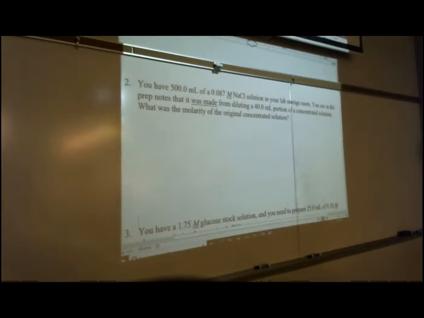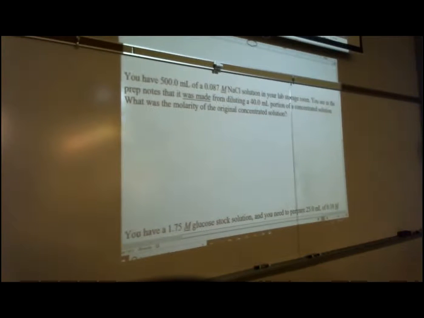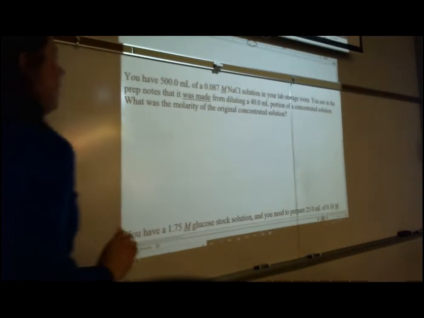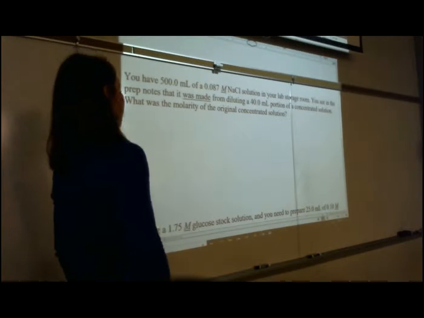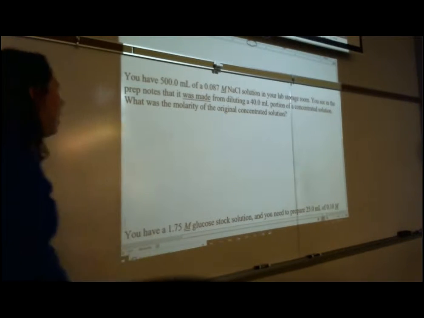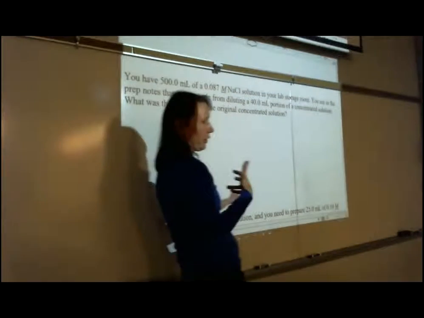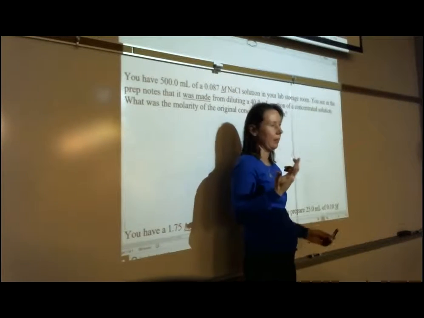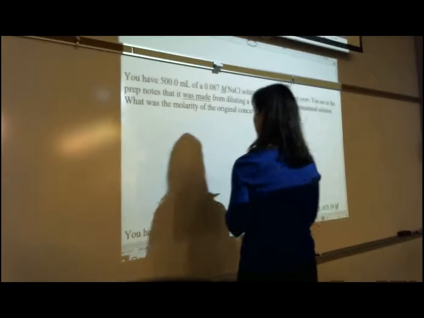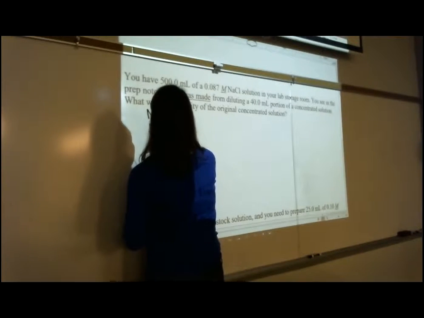Okay, you have 500 milliliters of a 0.087 molar NaCl solution in your lab storage room. You see in the prep notes that it was made from diluting a 40 milliliter portion of a concentrated solution. What was the molarity of the original concentrated solution? So can you work backwards to find out information about it? Yeah, you can. That's not too bad. So we just need to set it up and make sure we're solving for the correct variable.